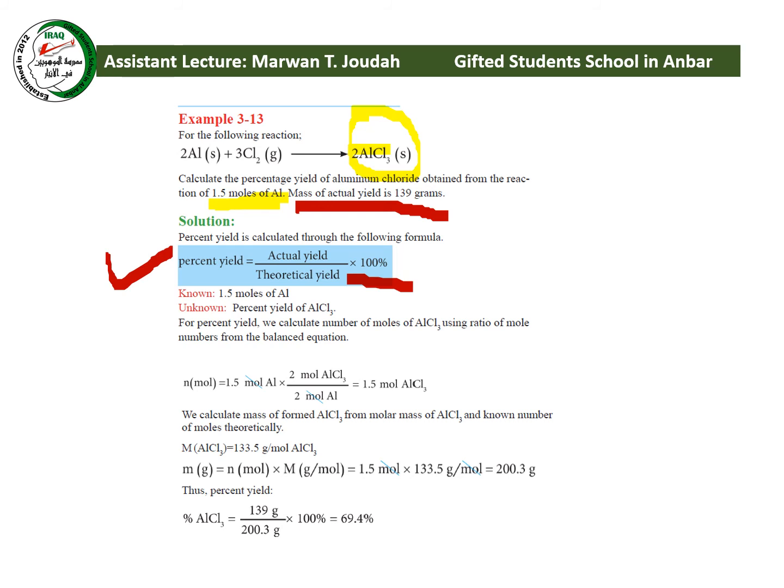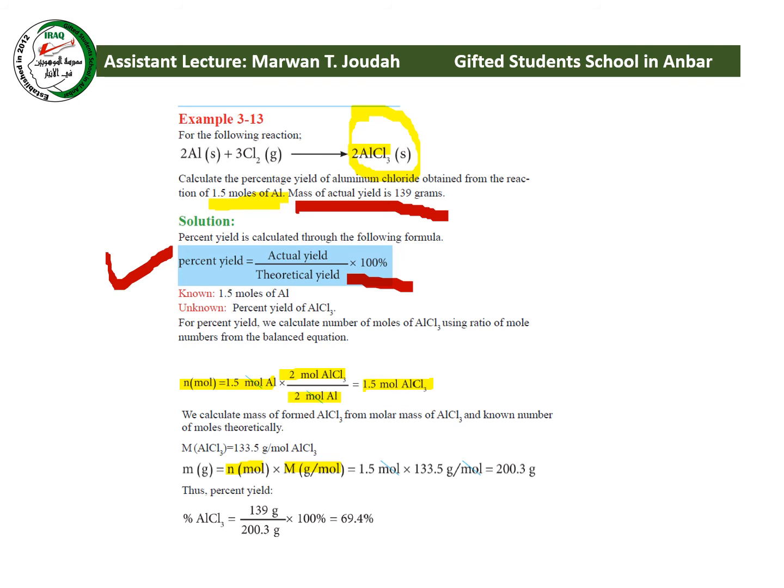The number of moles is 1.5 moles times 2 moles of AlCl3 from the equation over 2 moles of Al from the equation, which equals 1.5 moles of AlCl3. Now we can find the mass. Mass equals n, the number of moles we just calculated, times M, the molar mass that you need to calculate as well.